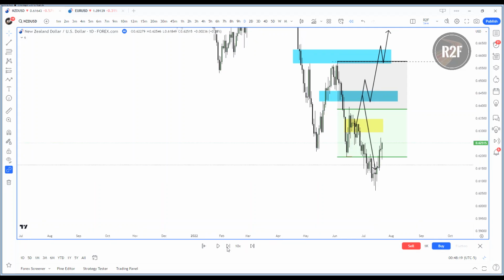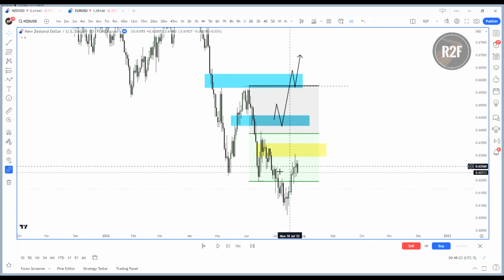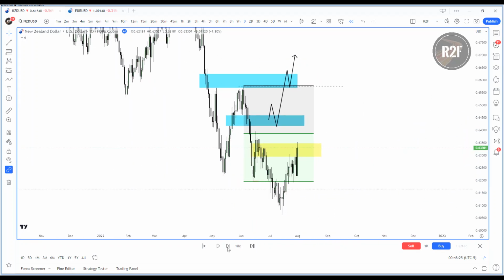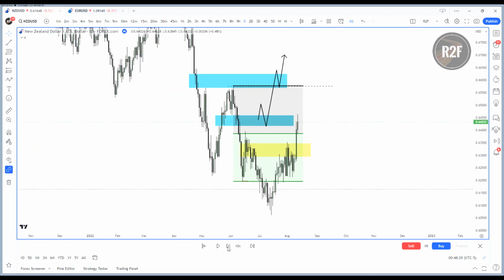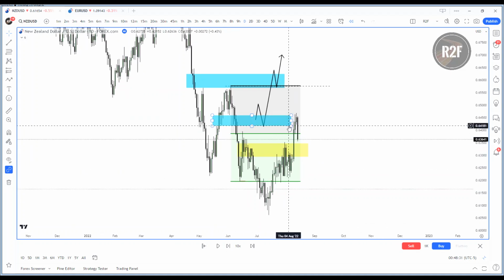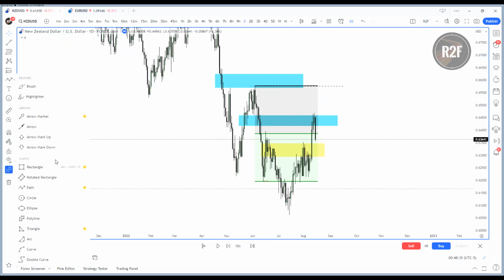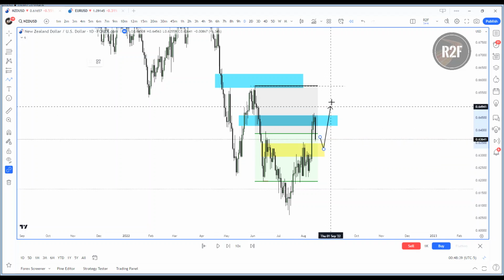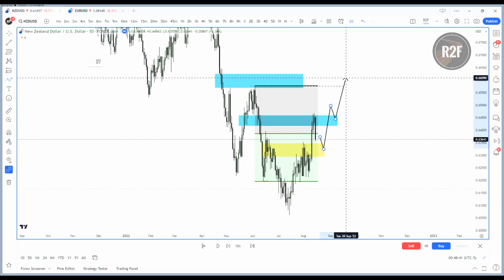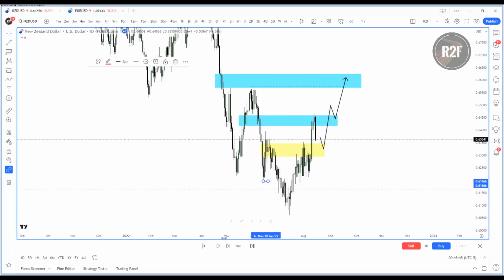If it ever comes back to that gap, it may use it as support. Okay, went to this weekly gap. What could happen? Comes down here. Something like that. Moving this premium discount thing.